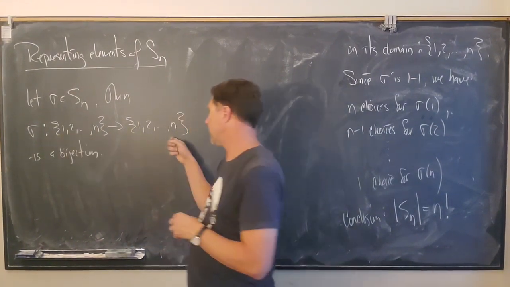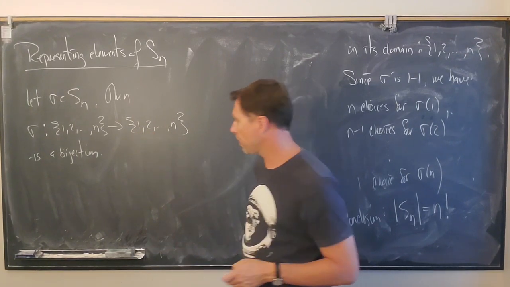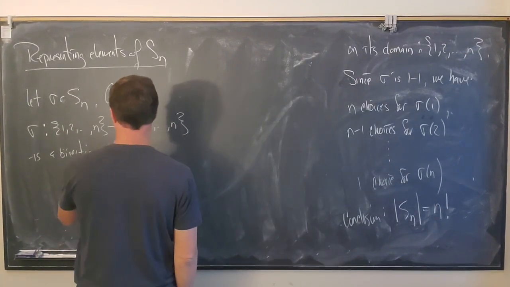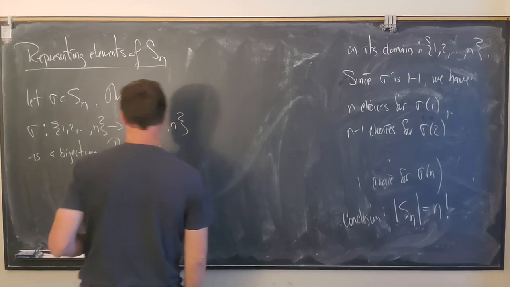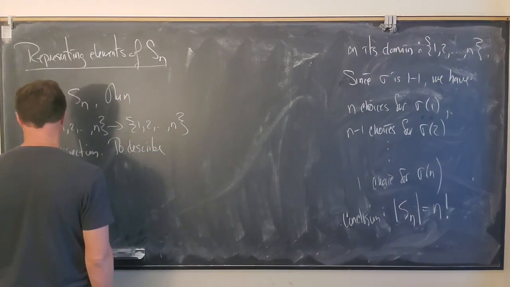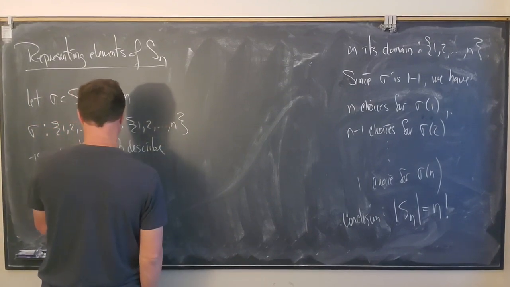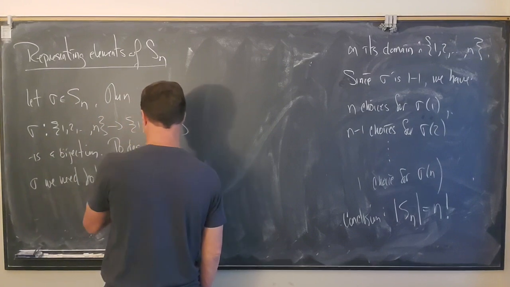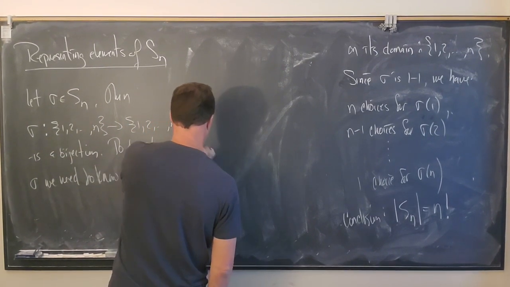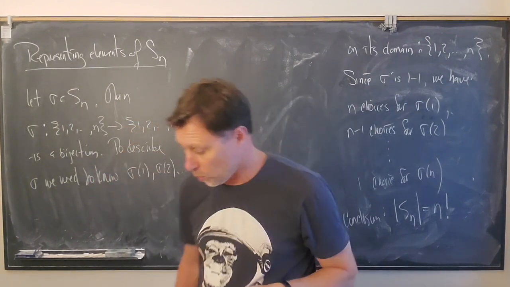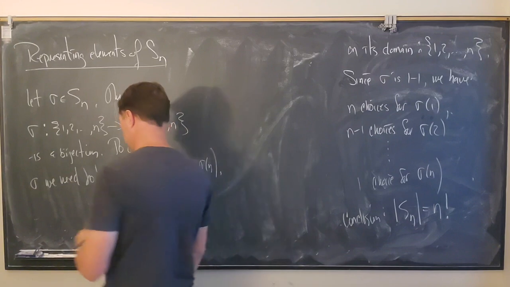Sigma of 1, it's some number. Sigma of 2, it's some number. Sigma of 3, and so on. So to describe sigma, we need to know sigma of 1, sigma of 2, up through sigma of n. And the way we're going to do this is we're going to use a 2 by n matrix.